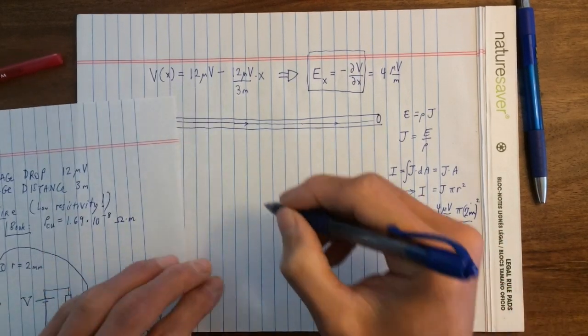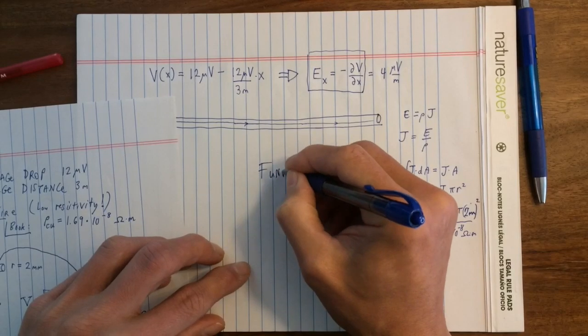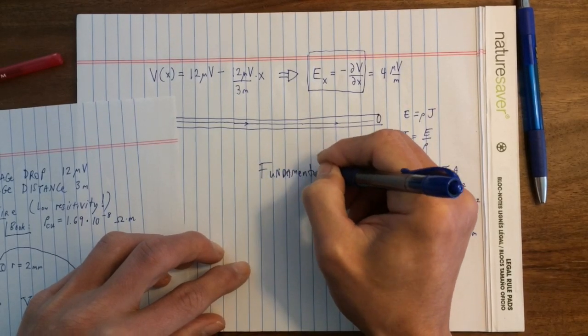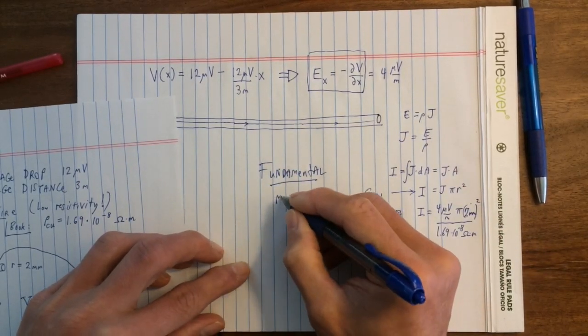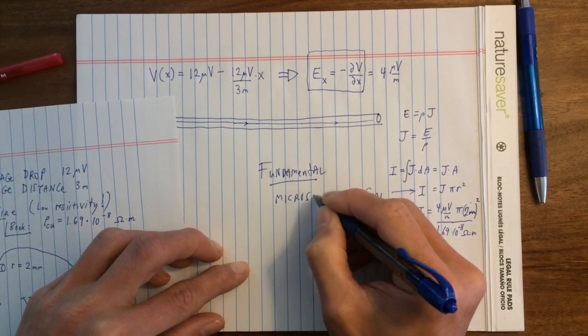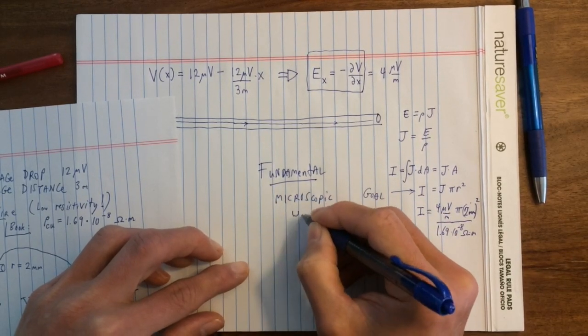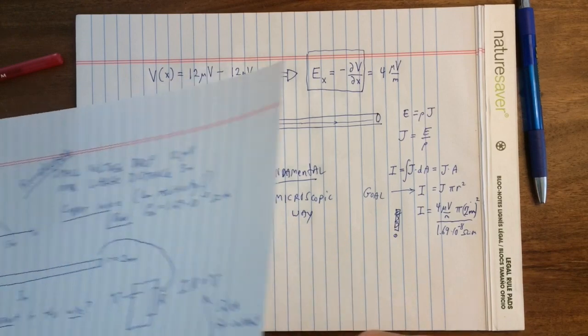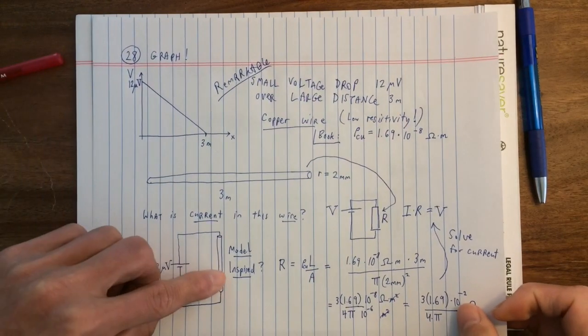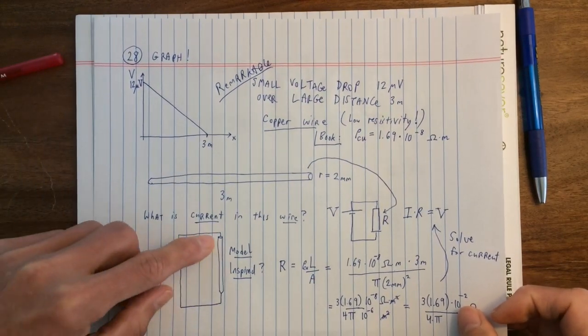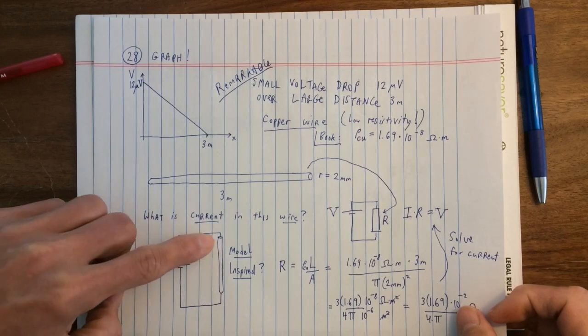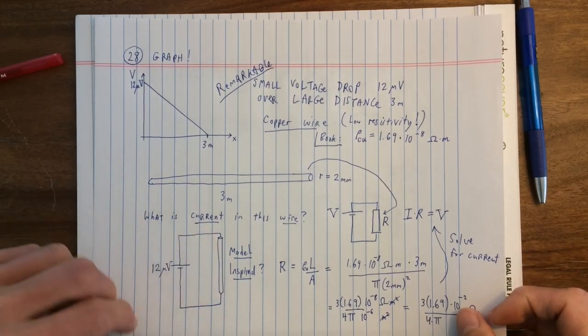And in a sense, this is more fundamental because we were thinking in a microscopic way. Over here, this inspired kind of modeling of how to use this wire or how to give the wire the 12 microvolts.